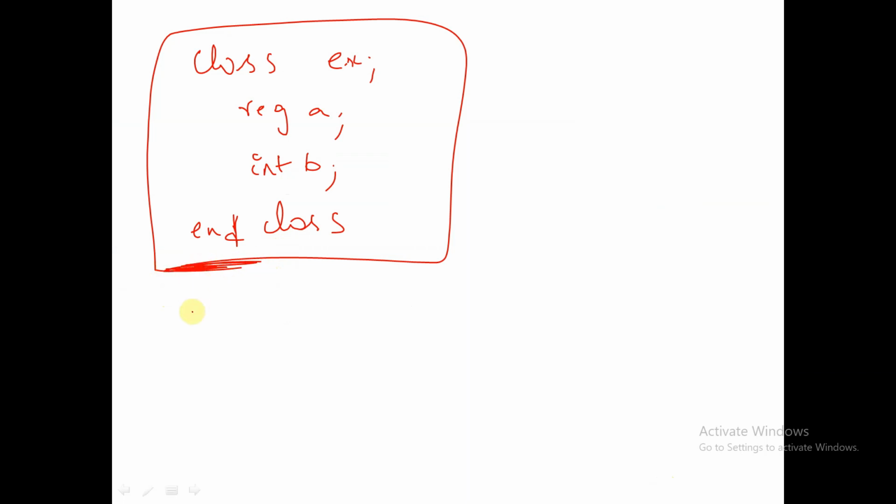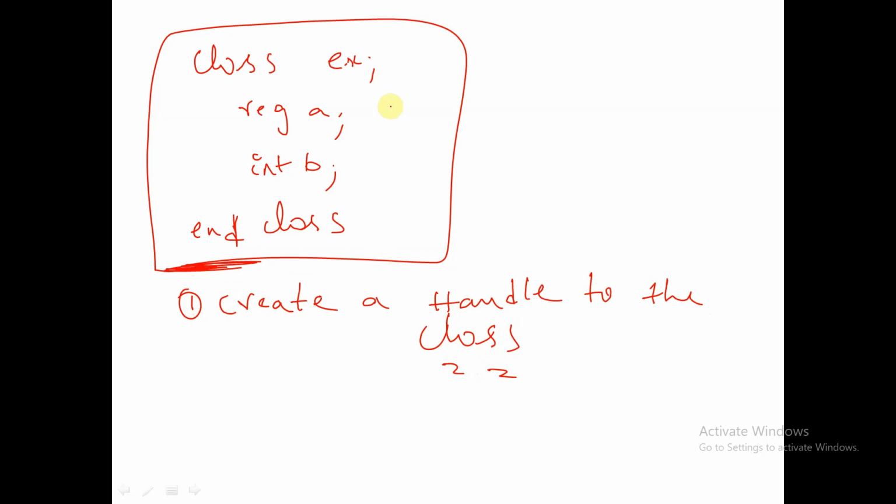For every class, the first step for creating an object is to create a handle. We should create a handle to the class. Say for example, the class name is ex, so the class name should be present for creating the handle.